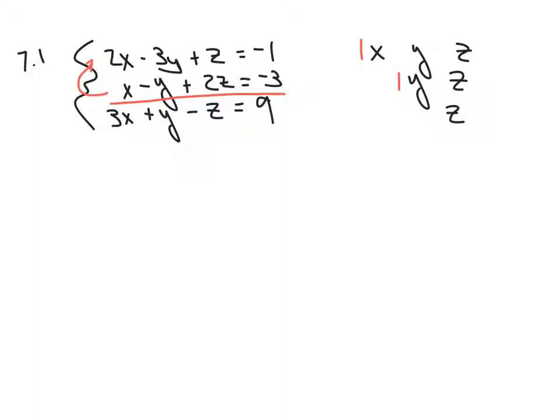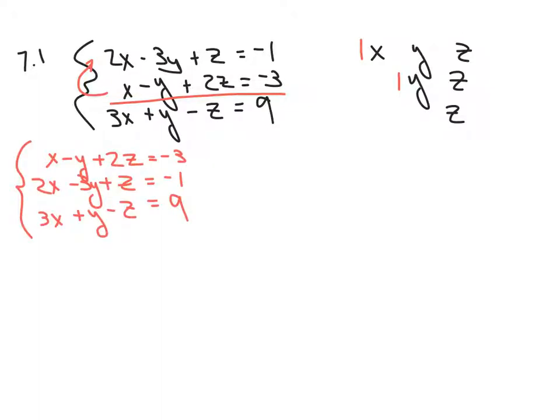All right, so I'm going to turn this off so you're not watching me rewrite everything. Okay, so there they are, just switched around is all I did. All right, so the next step is to eliminate this x here completely. Okay, so this is the plan, if you can remember it. We're going to make the first coefficient in front of the x a positive 1, which we just did by switching them around.